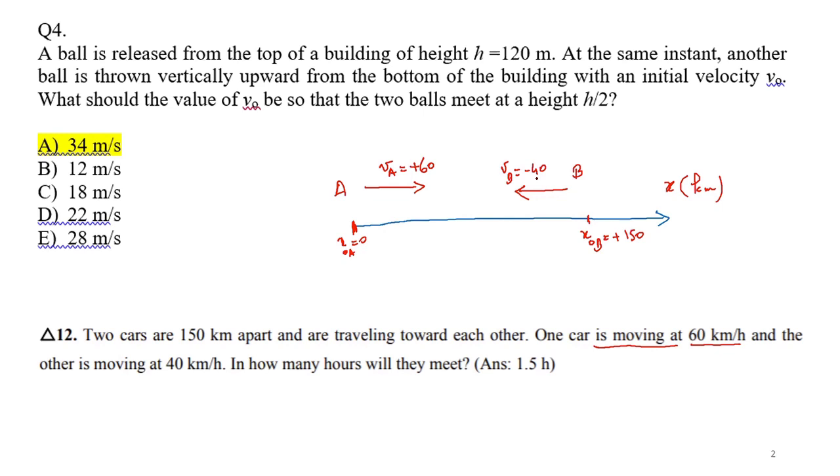Now the question is, in how many hours will they meet? Of course, they start moving at the same time. That's what I mean in the problem. If they don't start at the same time, of course, they will meet at a different position. So let's assume that they will meet somewhere here. When they meet, X of A at T will be equal to X of B at that same time.